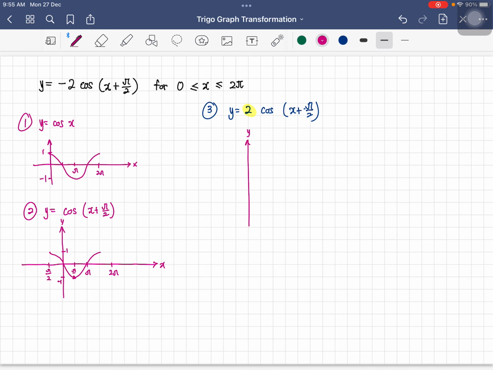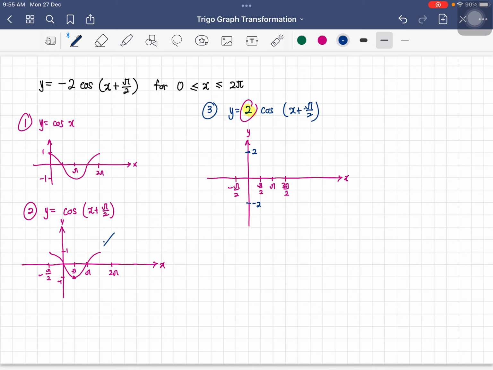So this is y and this is actually x. This one is negative pi over 2, then I'll have pi over 2, I'll have pi, and then I'll have 3 pi over 2. So instead of having the amplitude which is 1, now my amplitude is actually 2, so it is something like this.